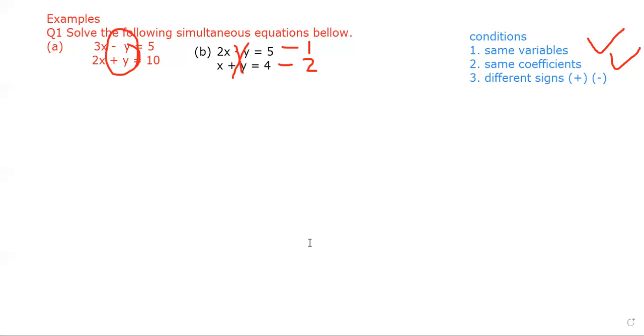So we're going to say 3x is equal to what is 4 plus 5? 9. Then we write the 9 right over here. So what do we do to find x?